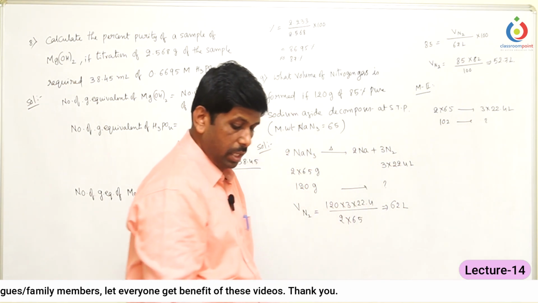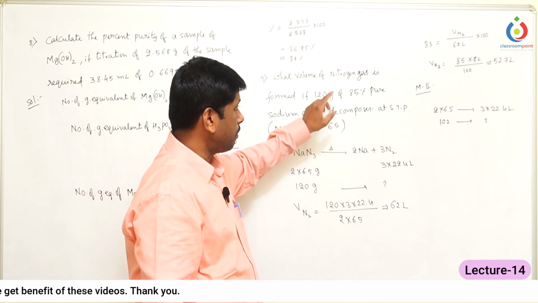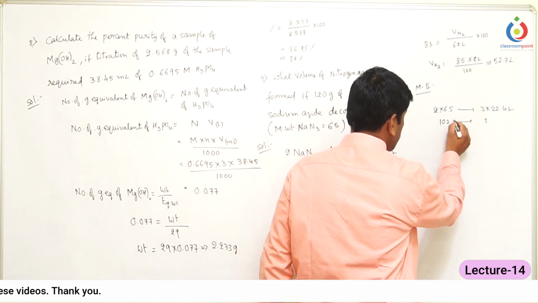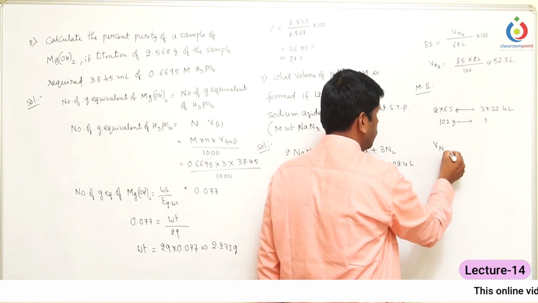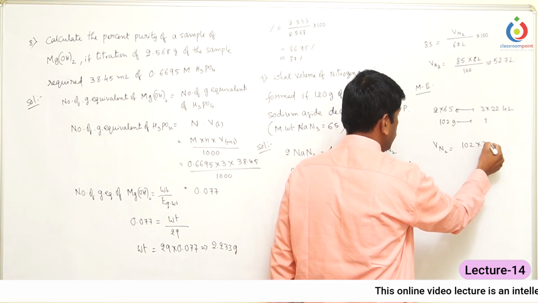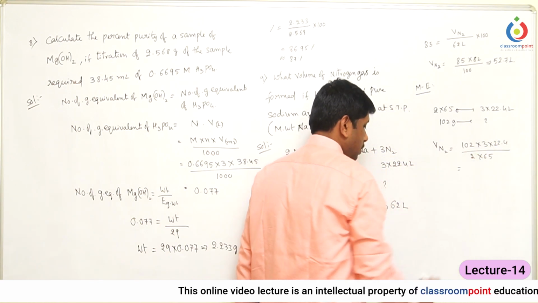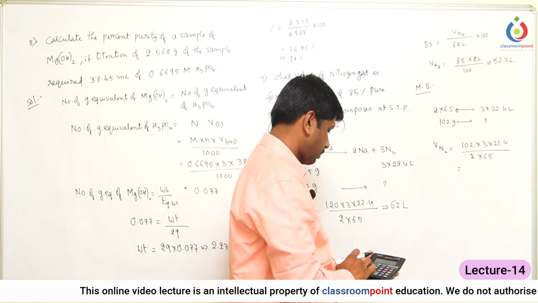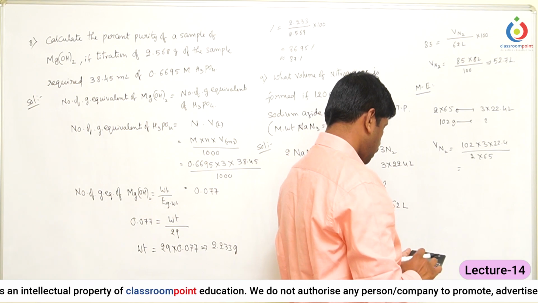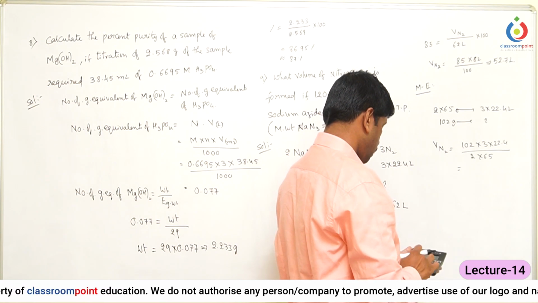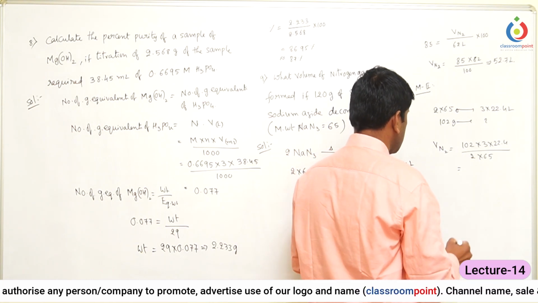Why did we take 102 grams? Because the entire 120 grams is not participating. 85% of that mass is 102 grams. So 102 grams could produce how much volume of nitrogen gas? The volume of nitrogen gas that could be produced equals 102 into 3 into 22.4 divided by 2 into 65. So let us try to solve this. 102 into 3 into 22.4 divided by 2 divided by 65 equals 52.7 liters.